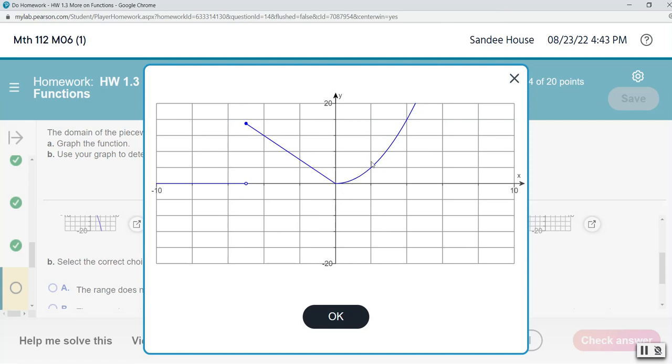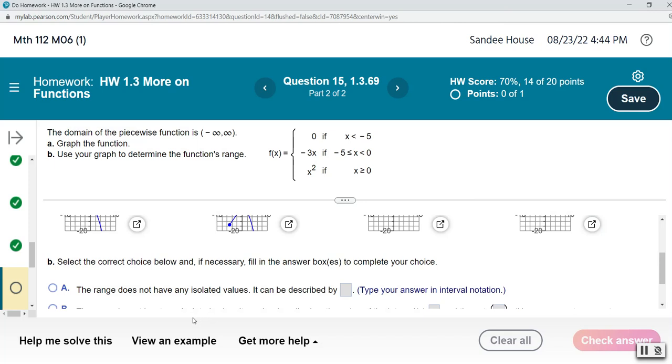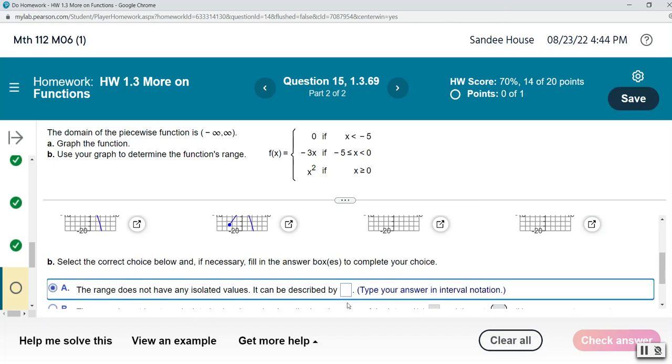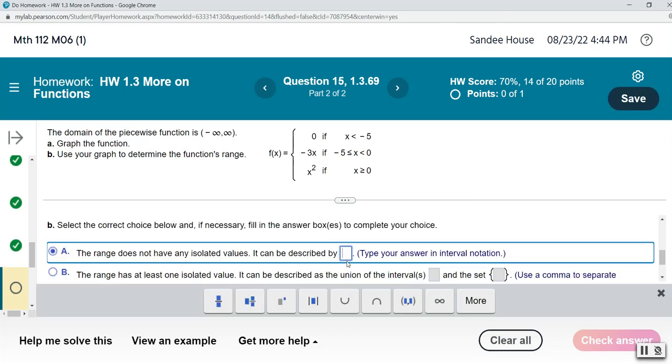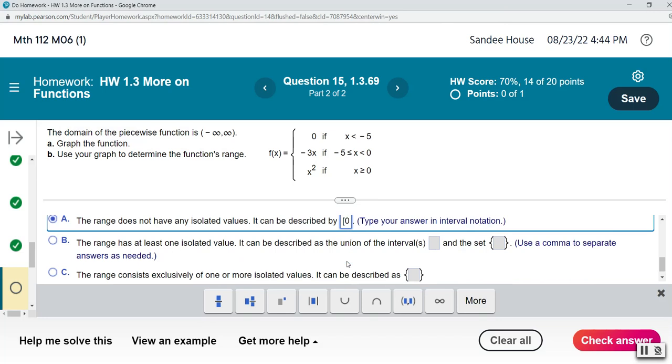So look, this keeps going forever. That would mean that all of these y values are included. So this has the same range as the last one. No isolated values, but every value from 0 to infinity.